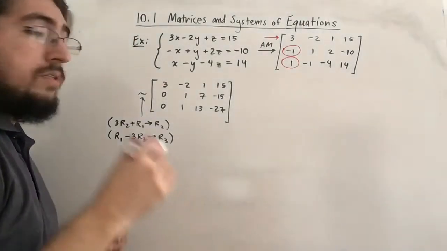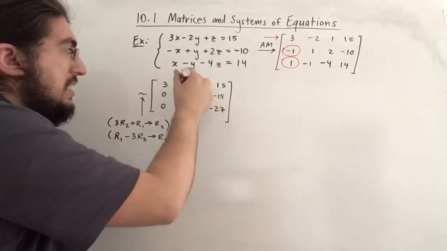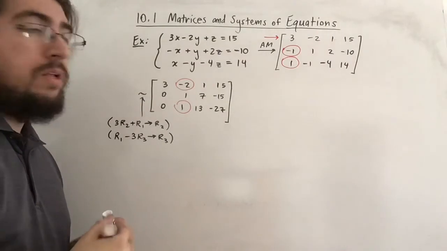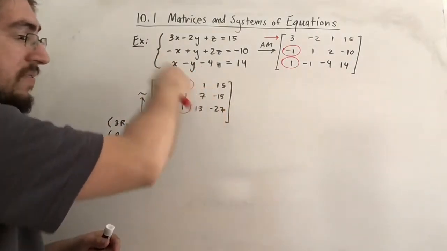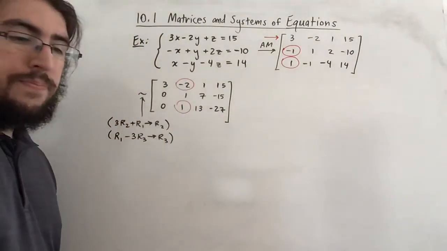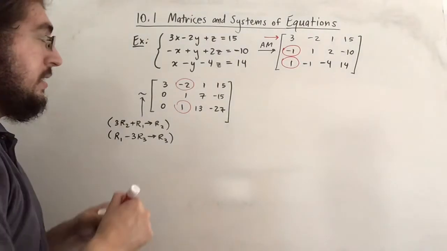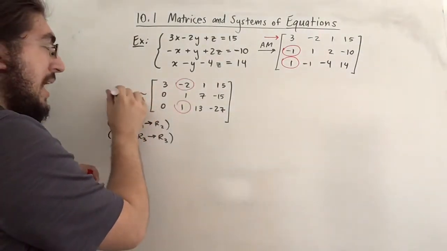So now, we're done with the first column. Now we move on to the second column. So now I want these 2 to be zeros. If you remember the goal, the zeros were here, here, and up here, so that we have a diagonal of non-zeros only. Good. So now notice the one that is not circled is the second one in this case, and that's the one I want to use.